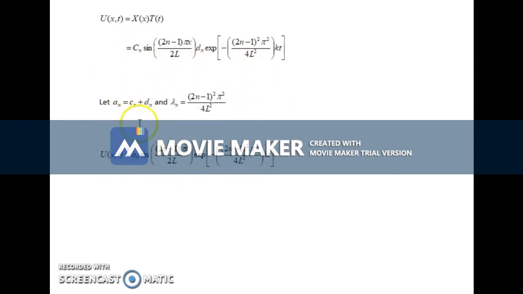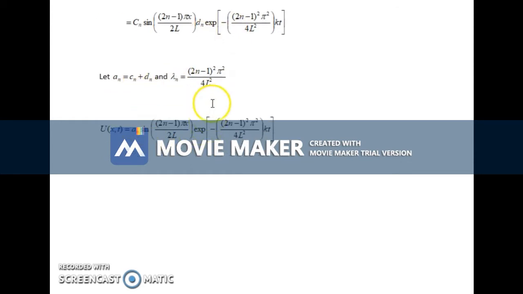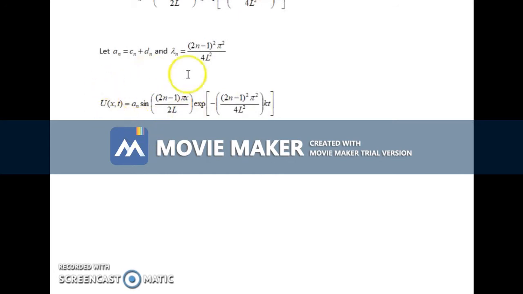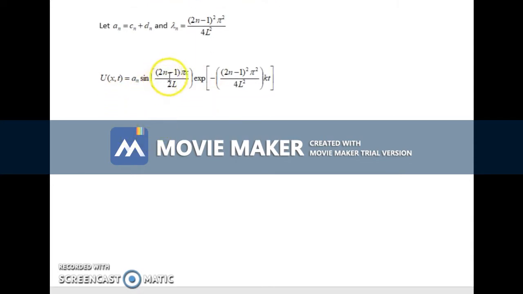So we let An equal Cn plus Dn and lambda n equals (2n minus 1) squared pi squared over 4L squared. So the temperature u(x,t) we get is An sine (2n minus 1) pi x over 2L, exponent negative (2n minus 1) squared pi squared over 4L squared kt.